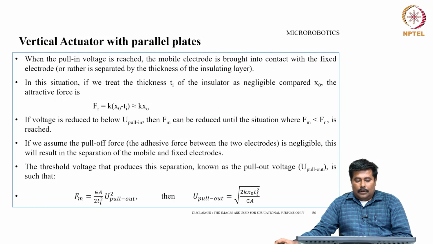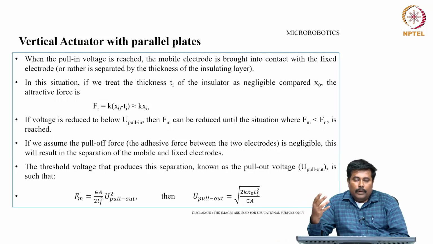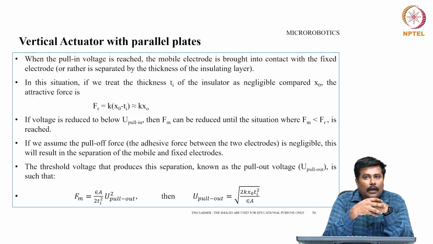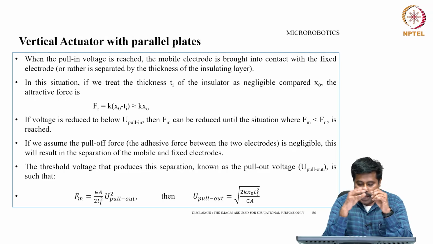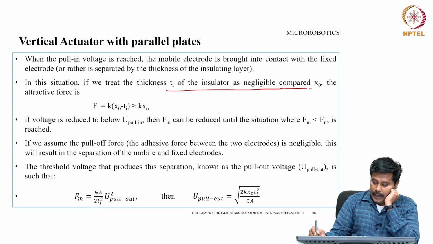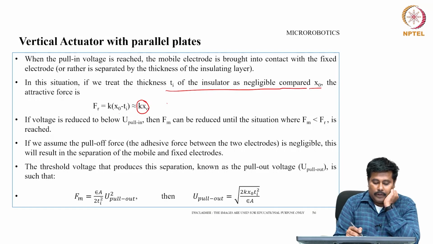Now, when the pull-in voltage is reached, the mobile electrode is brought into contact with the fixed electrode, or rather it is separated by the thickness of the insulating layer. In this situation, we treat the thickness Ti of the insulator as negligible compared to X0, and the attractive force is F equals K(X0 minus Ti), which we can approximately term as K X0.